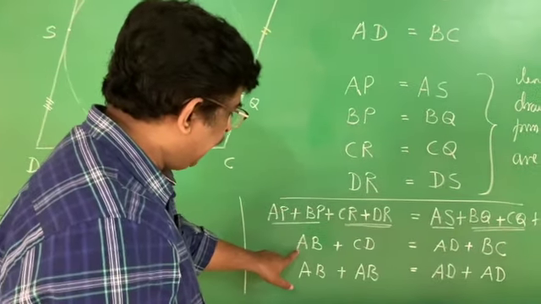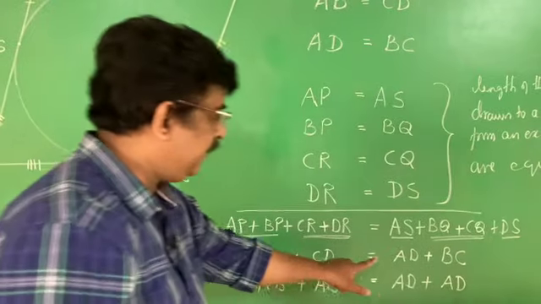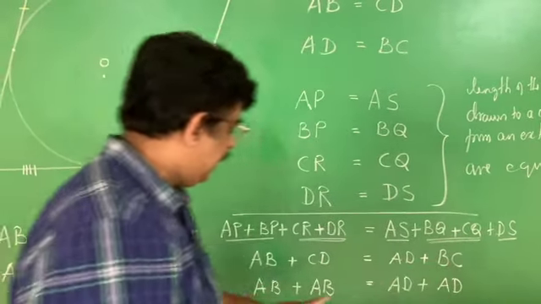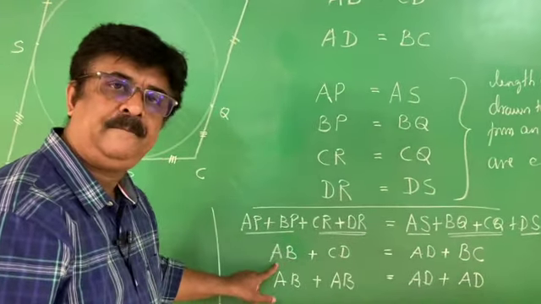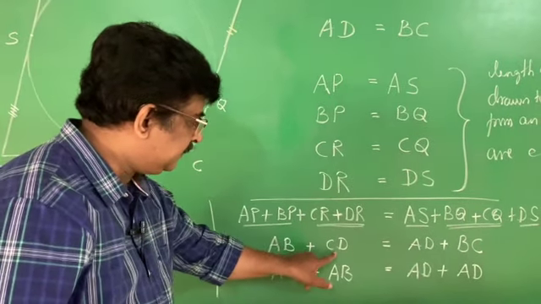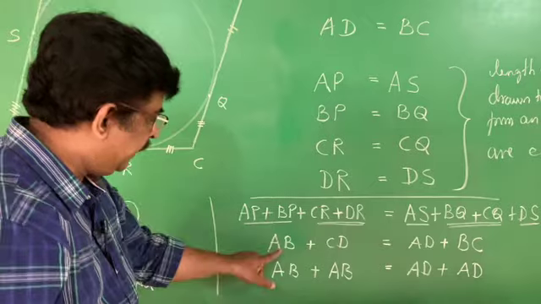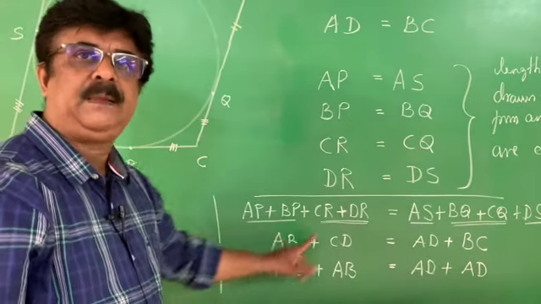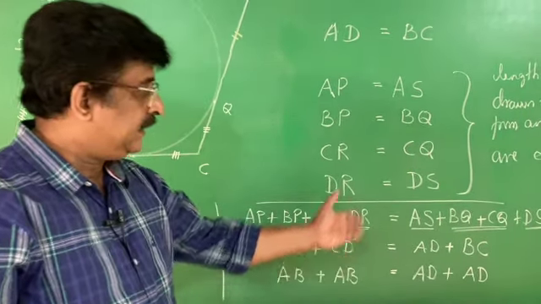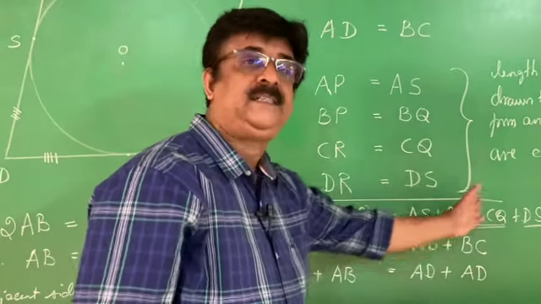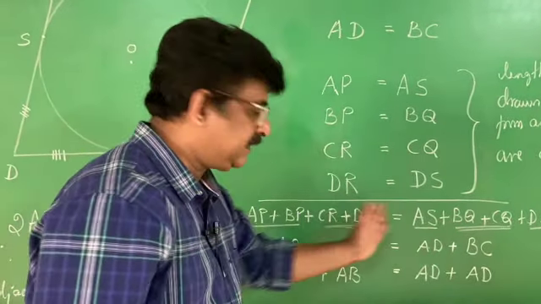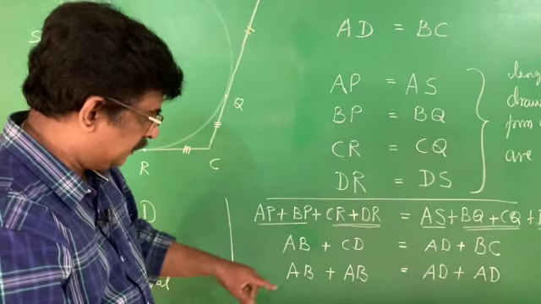Then I got AB plus CD is equal to AD plus BC. But these two are equal. In AB plus CD, instead of CD I write AB. Or you can do one more thing: instead of AB write CD, then CD plus CD is 2CD, and you have to write 2BC, because opposite sides are equal.